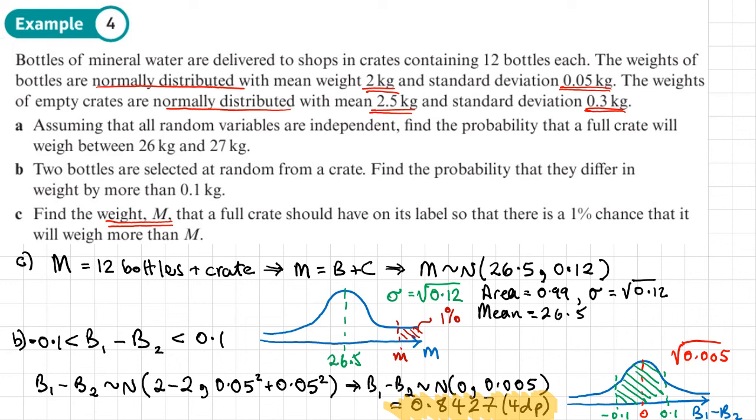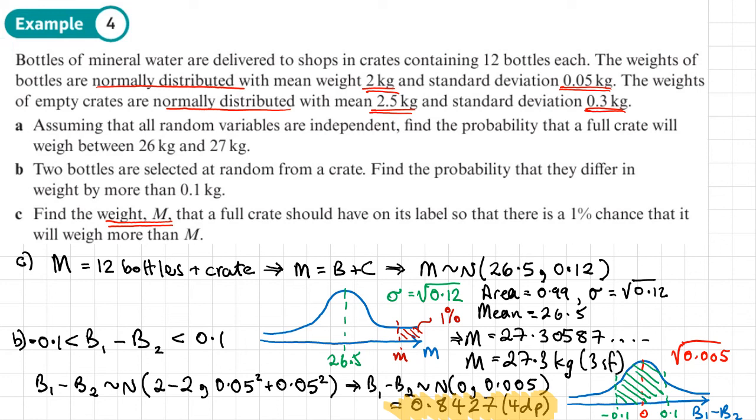So if we type in inverse normal, we get a value of M, which is 27.30587, and so on. So maybe we'll give that to 3 significant figures: 27.3 kg. That's 3 significant figures. So that's how we do that one.